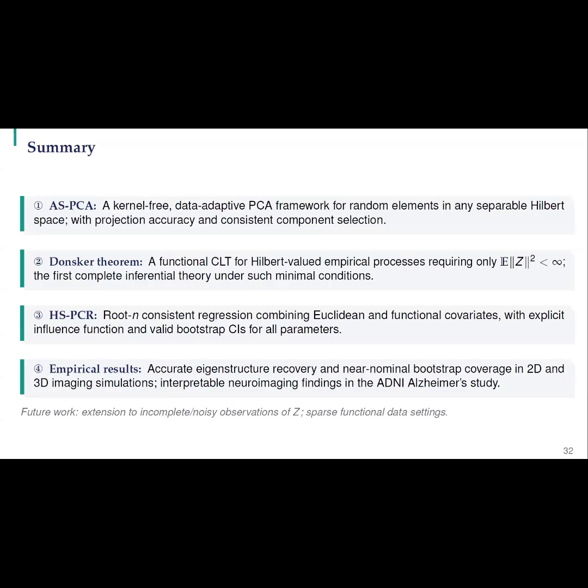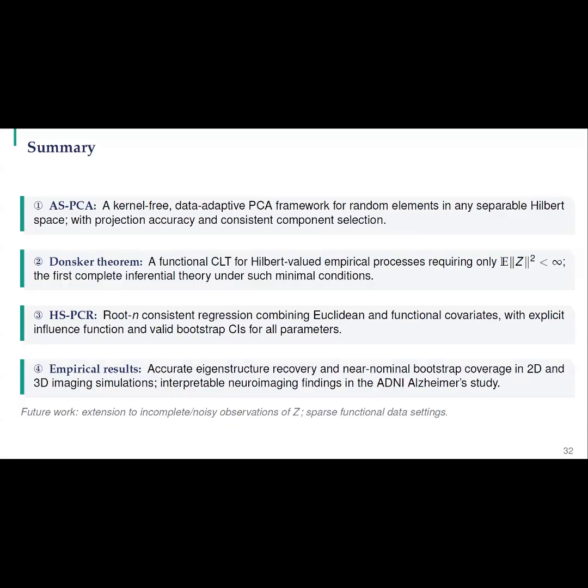Root n consistent regression is another contribution. For the Donsker theorem, the second moment is needed for the inner product of Z and gamma, where gamma is in the unit ball, to be Donsker. You need the second moment if you want the covariance operator to be Donsker too.